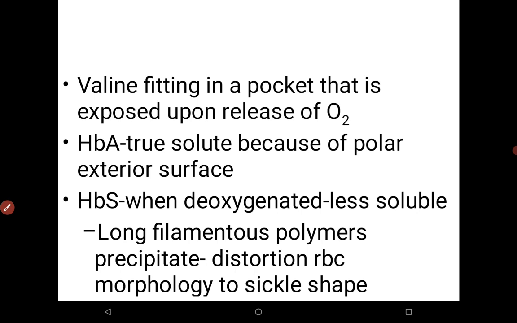Valine fits in a pocket that is exposed upon release of oxygen. So when the blood is deoxygenated, it is less soluble. Long filamentous polymers precipitate, and this causes the red blood cell to be sickle shaped.